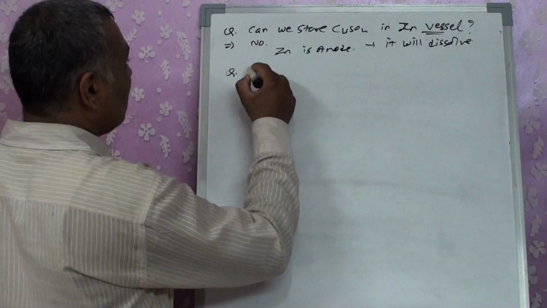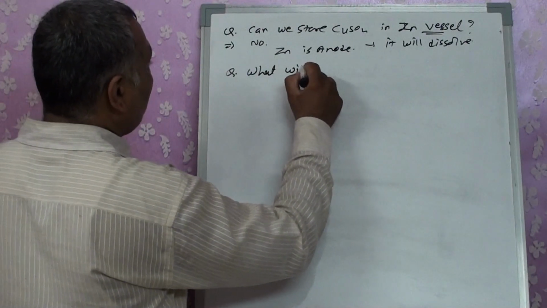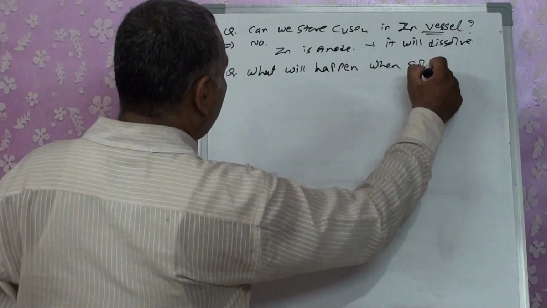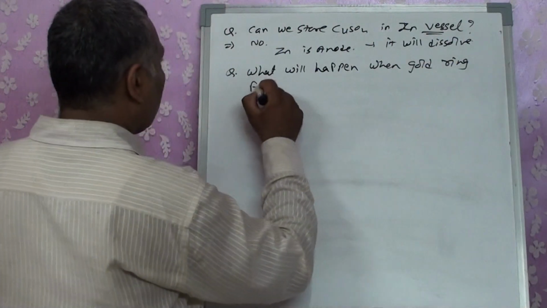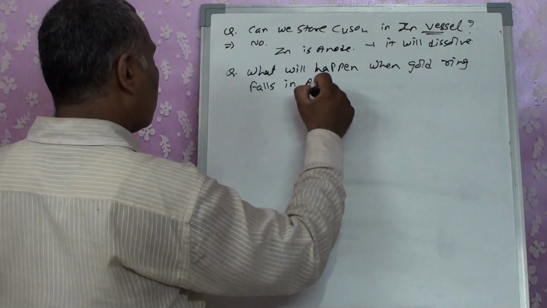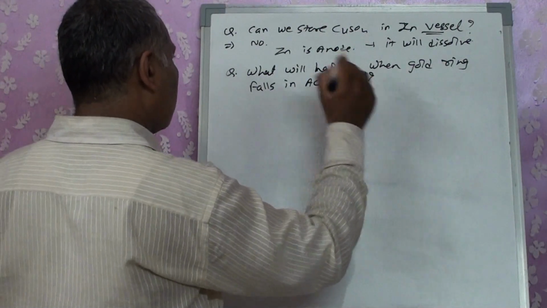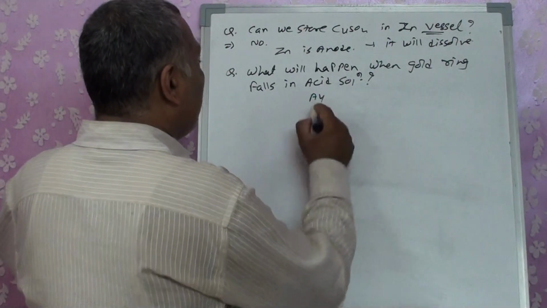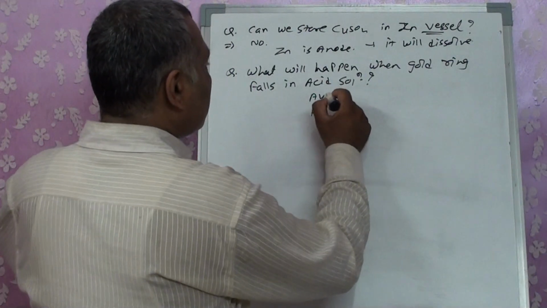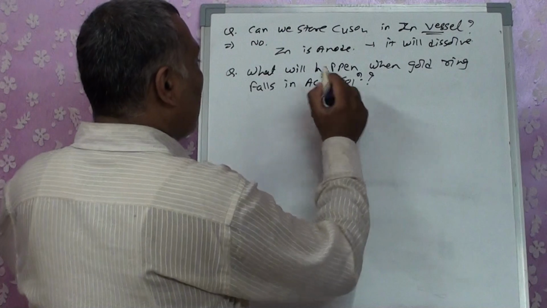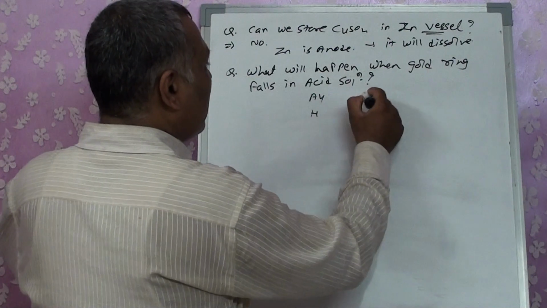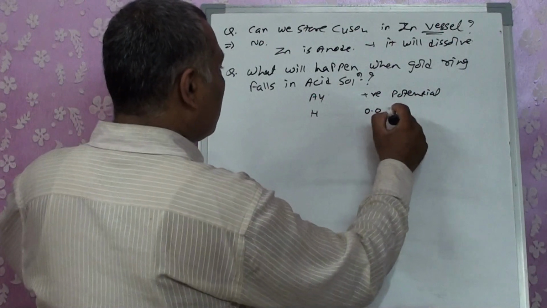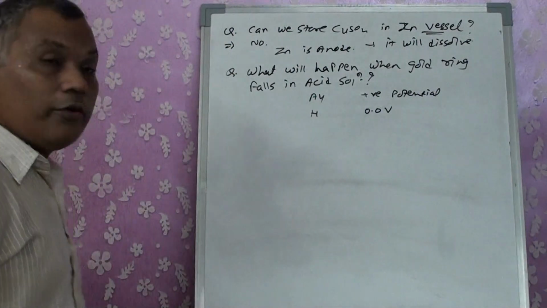Another question. What will happen when a gold ring falls in acid solution? What happens if your gold ring falls into the acid solution? That means you are having Au and H. In the EMF series, Au has a higher, positive potential, and H is having 0.0 volt. So what will you say?